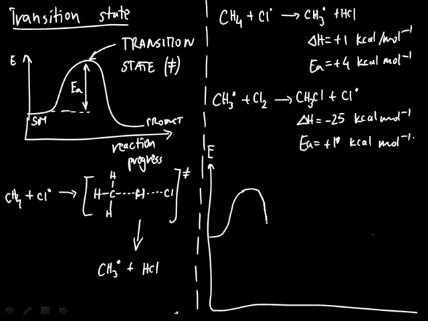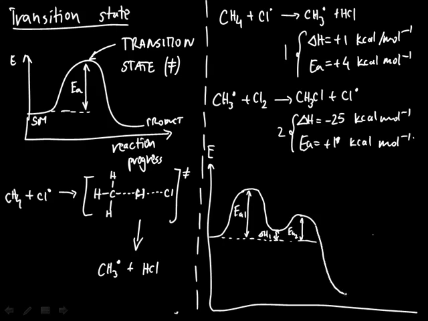And then we end up with our intermediate, which is a little bit higher than our starting material, and this corresponds to this delta H1, while this corresponds to EA1. And remember, this is the first step, and this is the second step. Now, another activation energy, this time a smaller one, gets us over this hill, and this will be EA2, to finally go into the very deep well, which is our reaction products, and this is our minus 25 kilocalories. So this is delta H2.